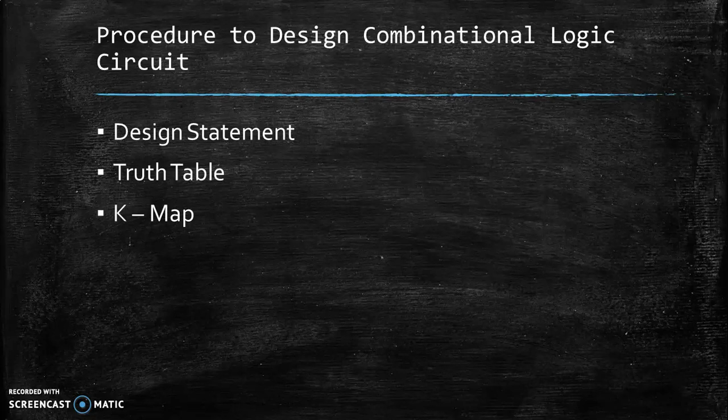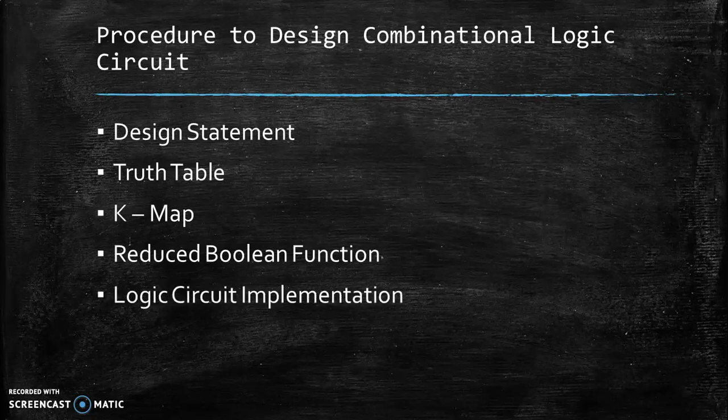Based on the truth table we can prepare the K-map. From the K-map we can have a reduced Boolean function, and once we have the reduced Boolean function available, we can easily implement the logic circuit with the basic gates.